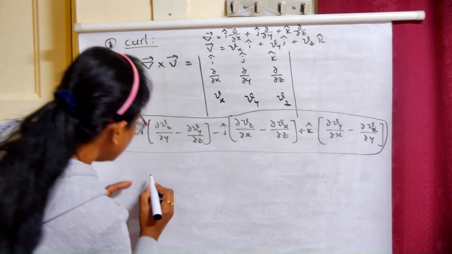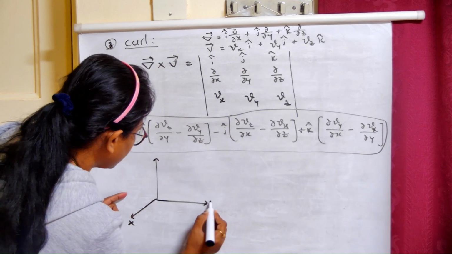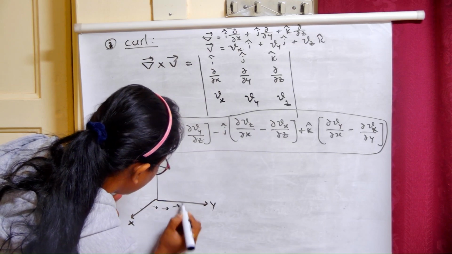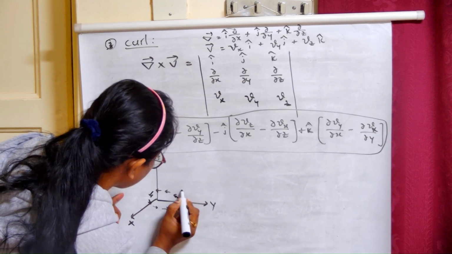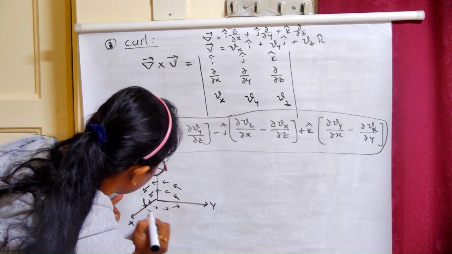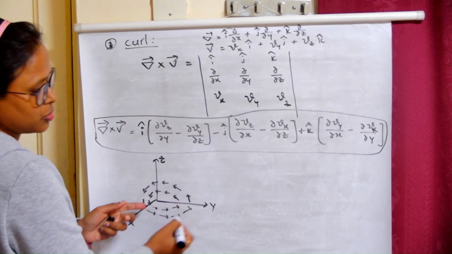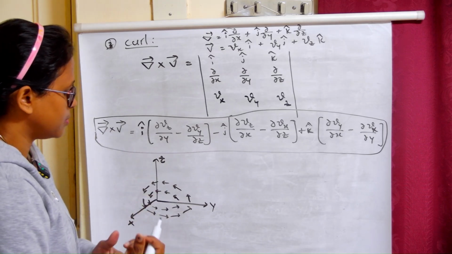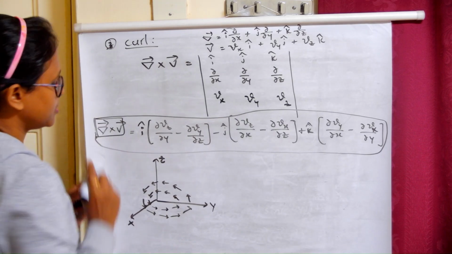Say for example, we have a three-dimensional space and if we have a vector field like this, if we consider any point inside this vectoral field, the curl of this vectoral field gives how much swirling is happening around that point. So this is what del cross V bar means.